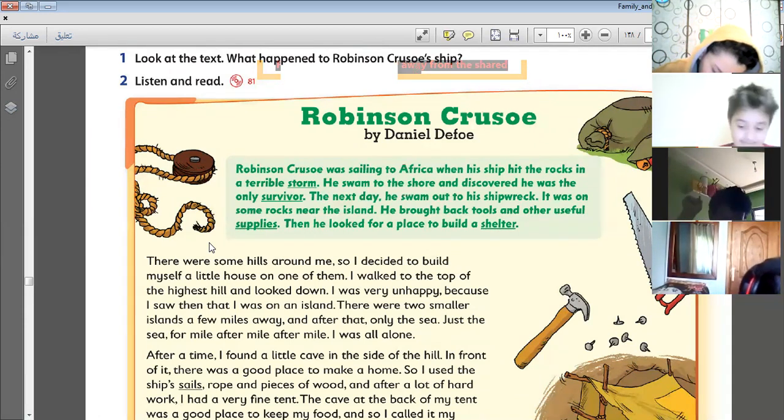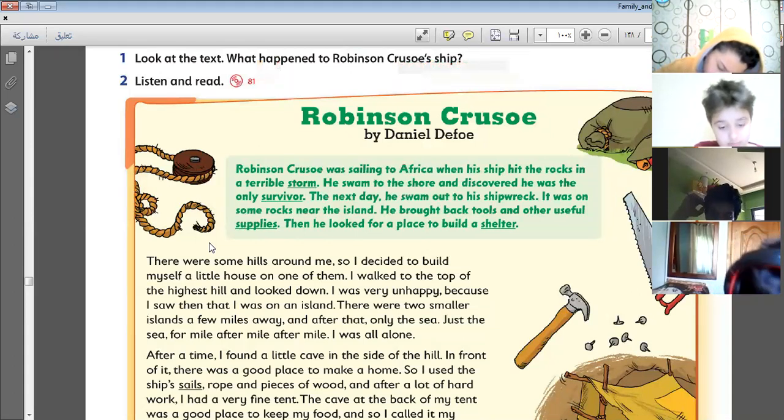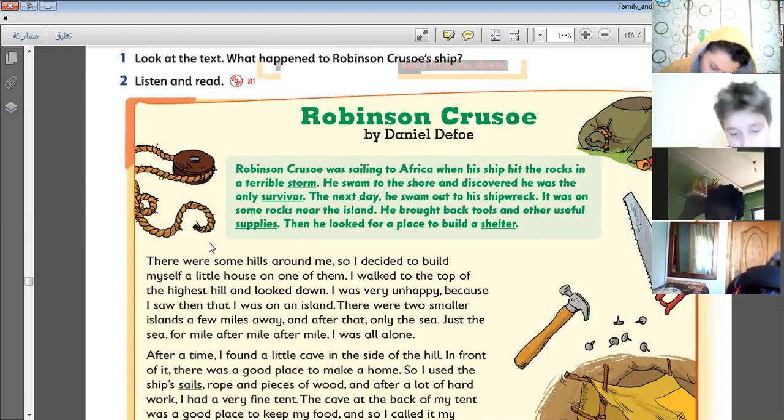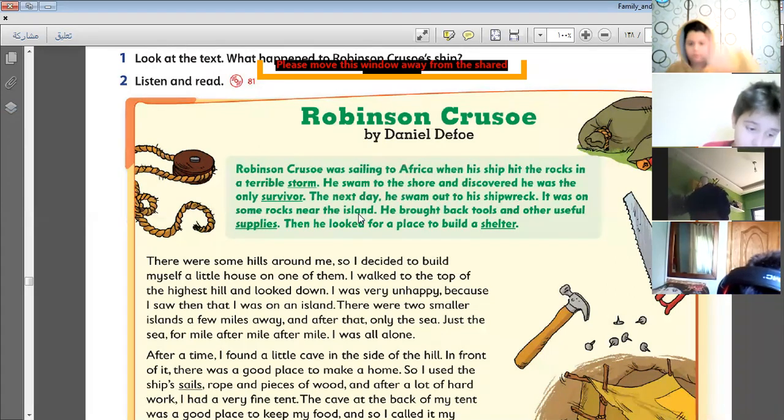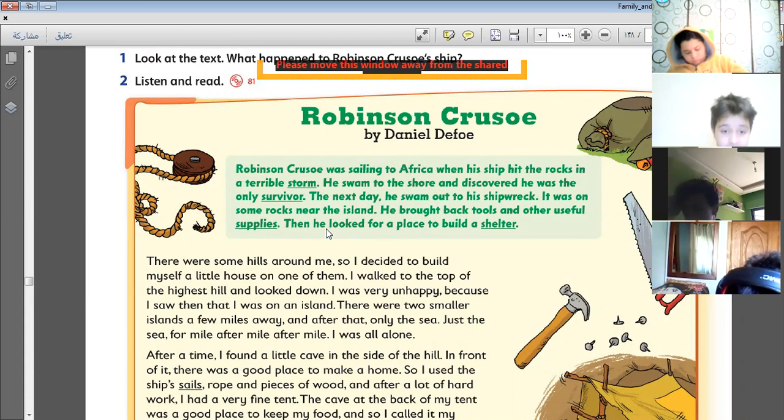He swam to the shore and discovered he was the only survivor. The next day, he swam out to his shipwreck. It was on some rocks near the island. He brought back tools and other useful supplies. Then he looked for a place to build a shelter. Of course, we have covered the vocabulary completely, right? Yes. So we have storm, survivor, supplies, and shelter.